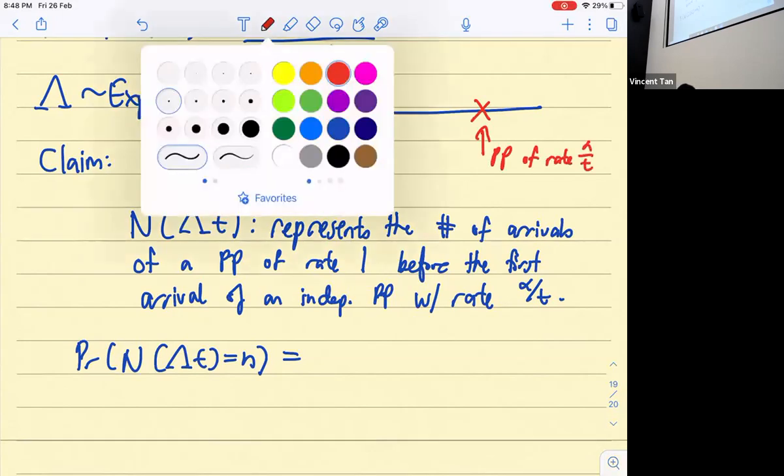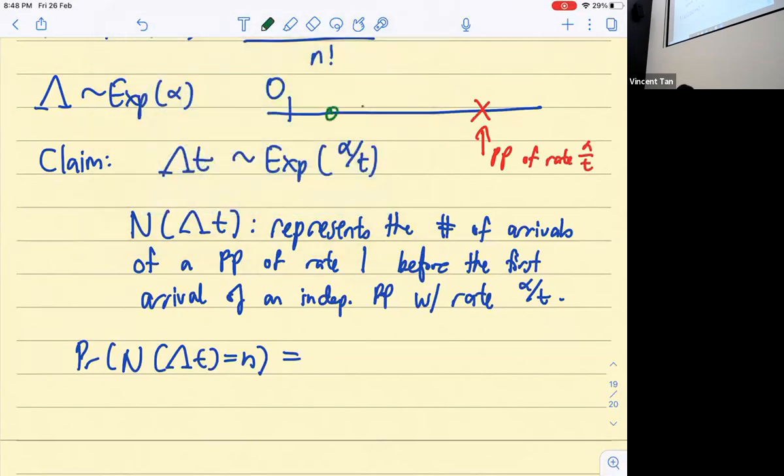We are interested in the number of arrivals of the Poisson process of rate 1 before the Poisson process of rate alpha over t. That's the picture you have in your head. Right, that picture with the green and the red. How many green things before the red thing? It could be 0. The way I've drawn it, there are 4.